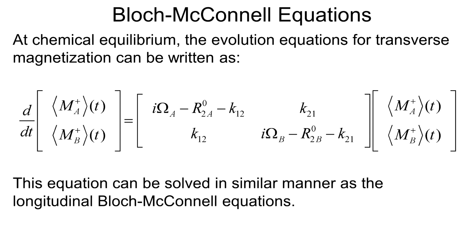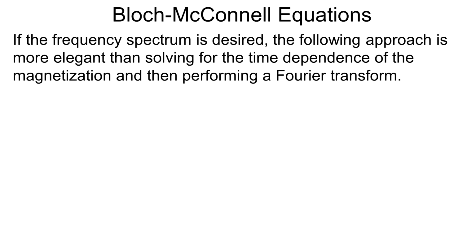We can solve these in a similar manner as for the longitudinal equations. We would have an exponential of the rate matrix, and then we would ask Mathematica to solve the rate matrix for us. So we, of course, can calculate the time course of the magnetization by forming the exponential, just as for the longitudinal equations.